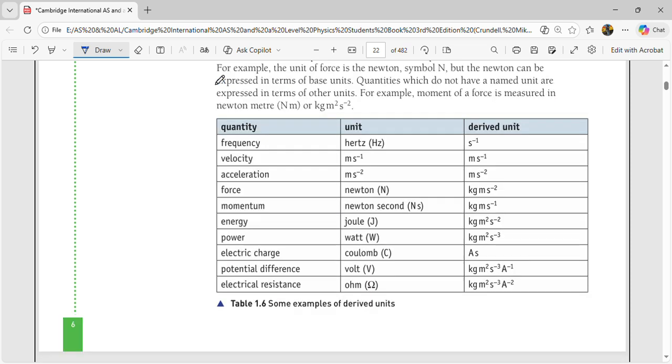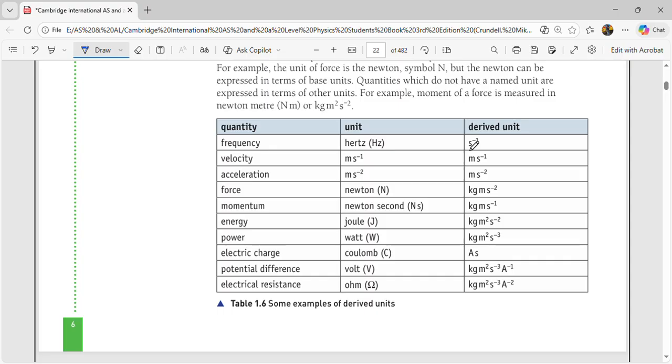In Table 1.6, we have hertz, meters per second squared, and the corresponding quantities on this side. The first column here, frequency, hertz, or it can be per second. Remember, frequency is 1 over period, so it is per second.